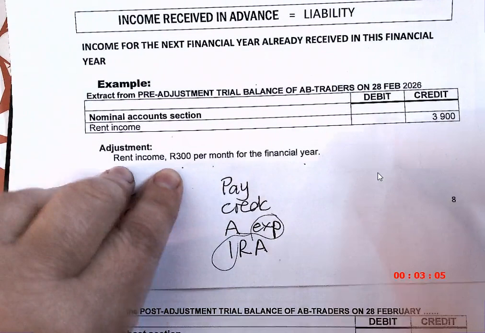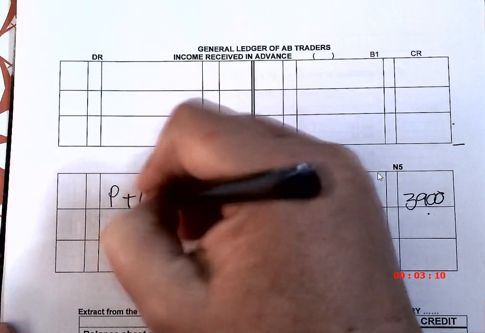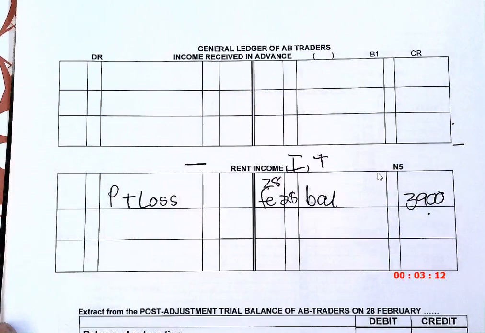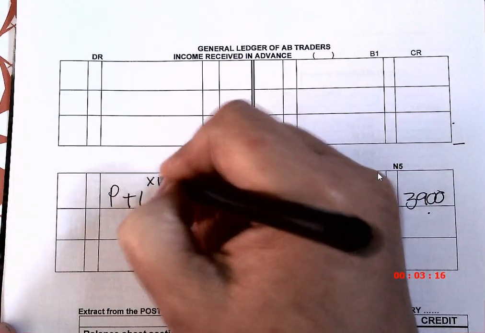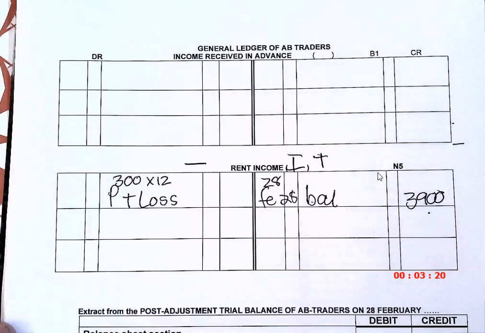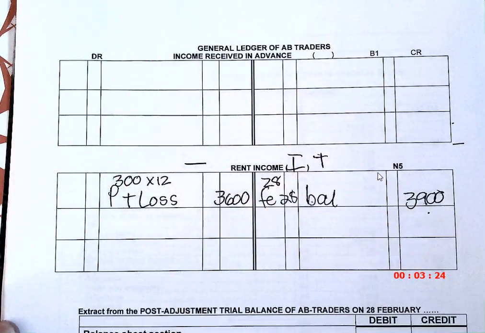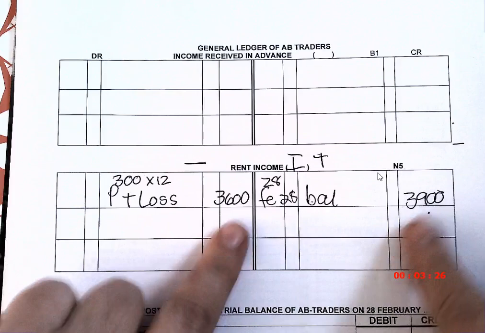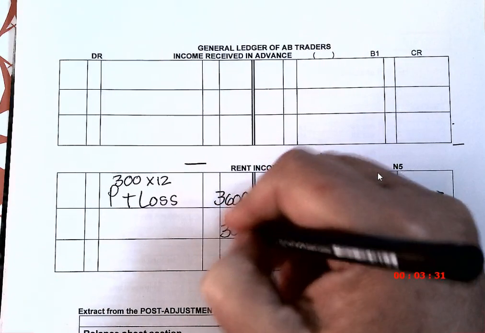First way, I can go calculate my profit and loss. How do I do that? I know I want to show the full year and it costs 300 Rand per month. Can you see it's going to work out 3,600. Now I can see if I balance, I'm short 300.